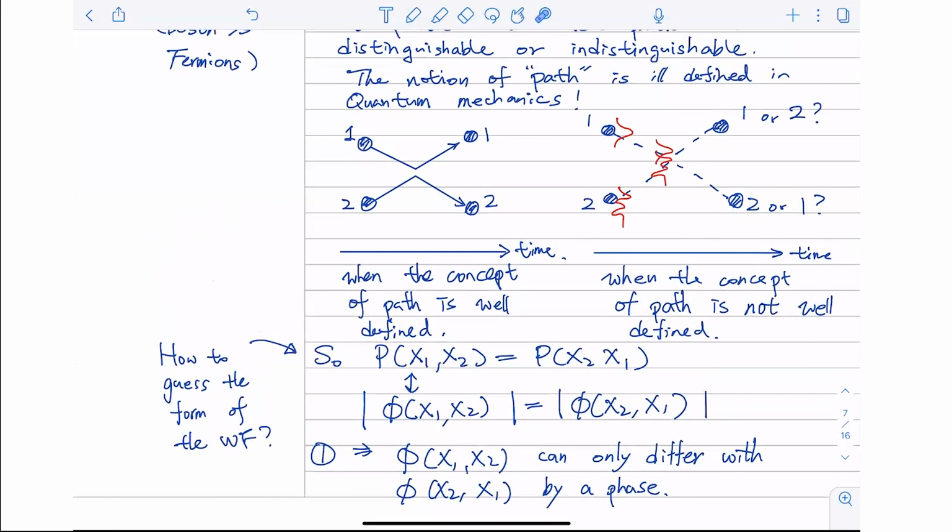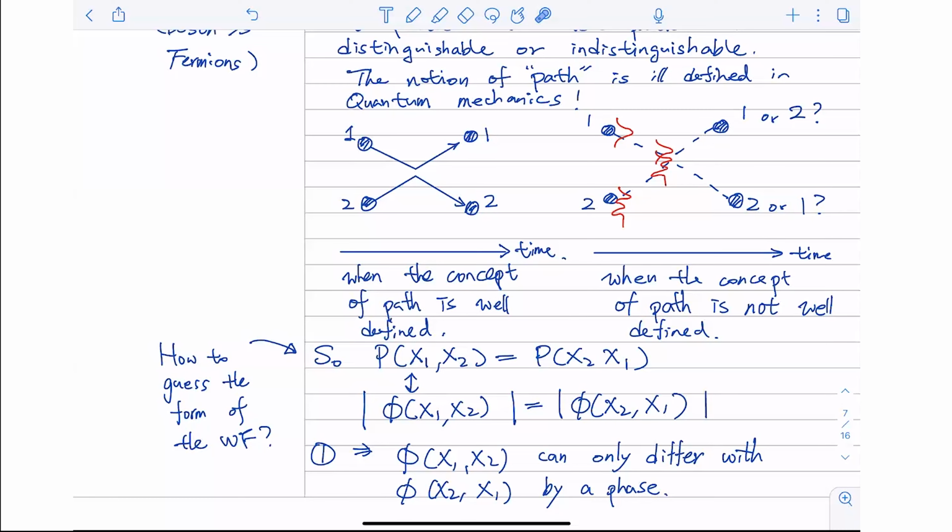Because I'm not writing everything, I'm going a little fast, so I'll pause here and see if everybody is okay with the argument. The argument starts with: if we are thinking about quantum particles, we lose the idea of path. Once we lose the idea of path, we are not able to distinguish which particle is particle 1 and which is particle 2.